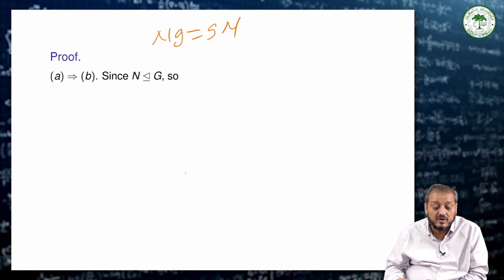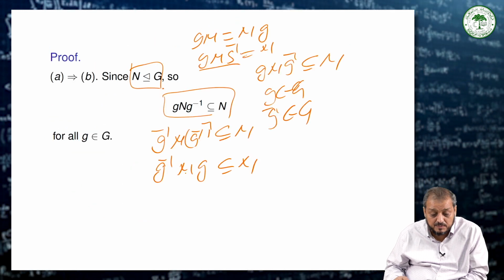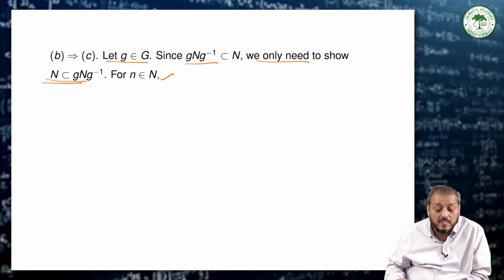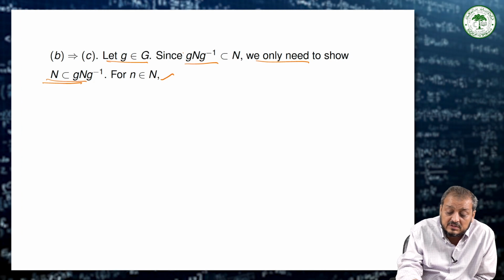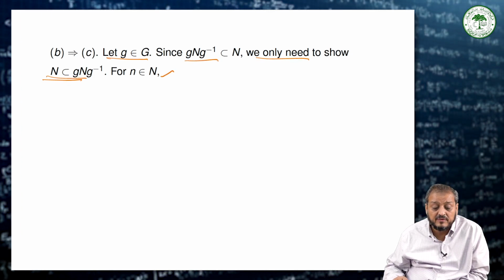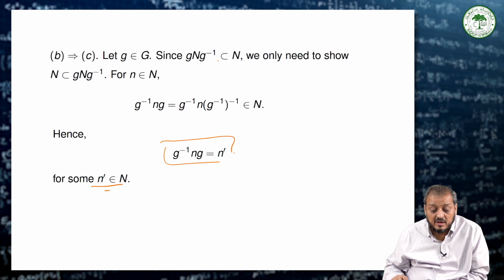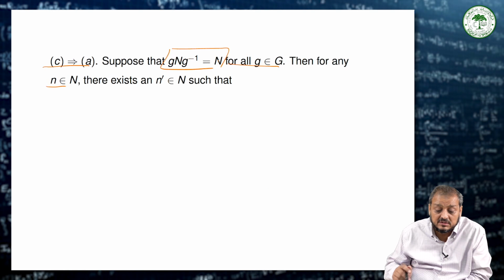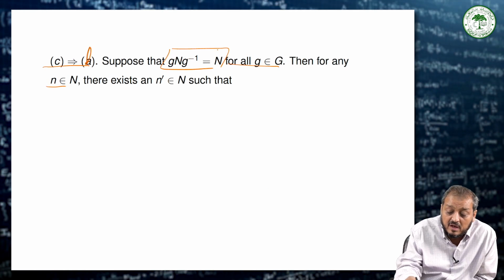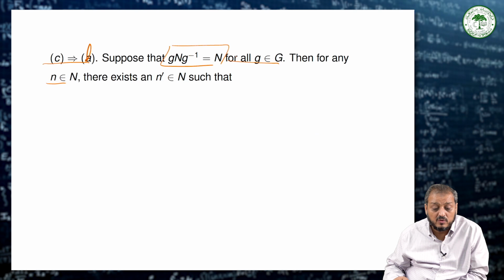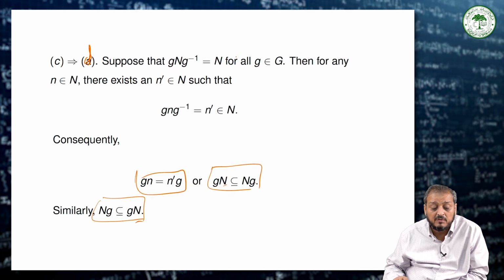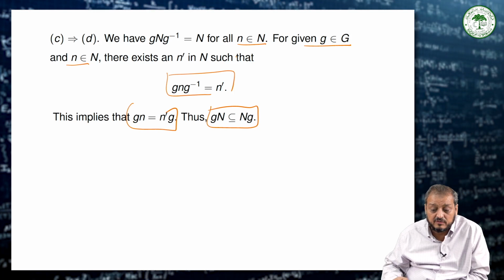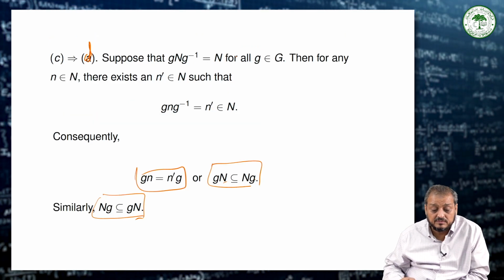And then second, B implies C. If this is contained, then this is the same as equal to N. And now we have to show that C implies D. If we have gN equal to Ng, then we have to solve this form.